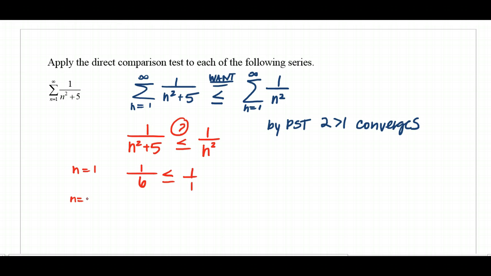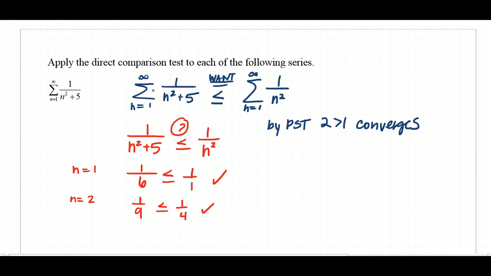And then we could try it with a couple of terms, because really what we're trying to do is convince ourselves that this is the correct direction the inequality goes. So just to do one more, n squared is 4, plus 5 is 9, so this is 1 over 9. Is that less than or equal to 1 over 2 squared, 1 over 4? Yes. So both of these work out, and this holds the correct inequality that we need.